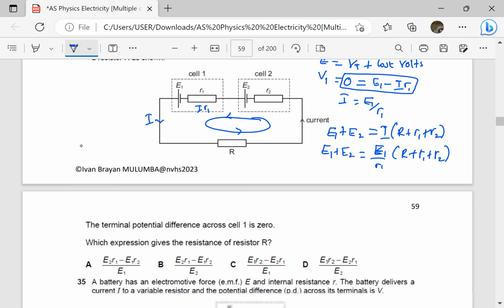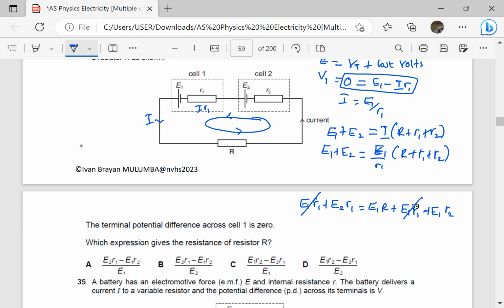Okay, so I'll just cross multiply. When I cross multiply, I'm having E1 r1 plus E2 r1. I'm also opening the bracket, so I have E1 R plus E1 r1 plus E1 r2. So E1 r1 has cancelled out.